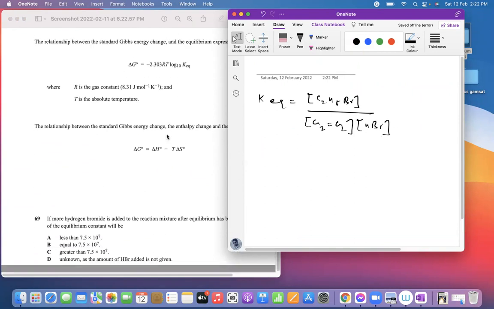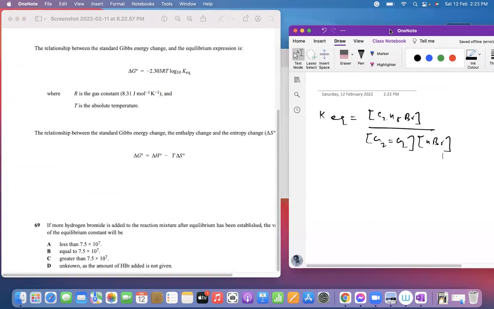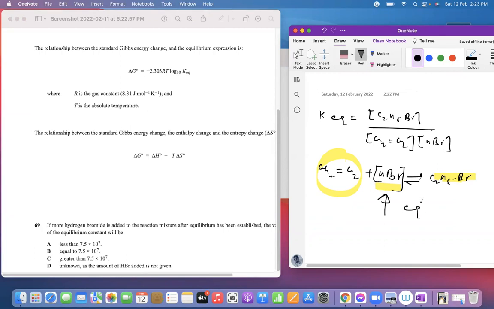Now the question is, if more hydrogen bromide is added, and this is basically the reaction, CH2 double bond CH2 plus HBr gives C2H5Br. So now you can see this is my reactant, this is my reactant as well, and this is the product. So it is very clear, if more hydrogen bromide is added, it means we are increasing the concentration of reactant. So the equilibrium should shift forward.